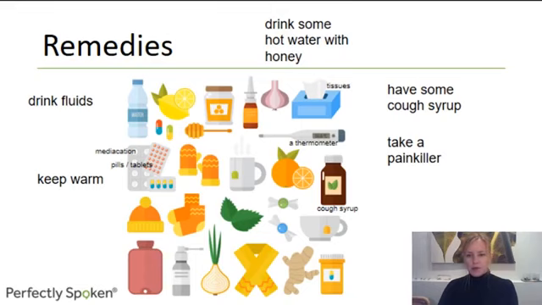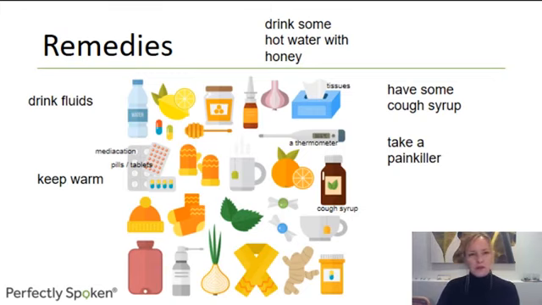So here you can see we've got some possible treatments. Keep warm, drink some hot water with honey, have some cough syrup, take a painkiller. You also need to use a thermometer to take the temperature. Maybe to take a painkiller, you might take it in the form of pills or tablets, okay? And you also have to drink water.